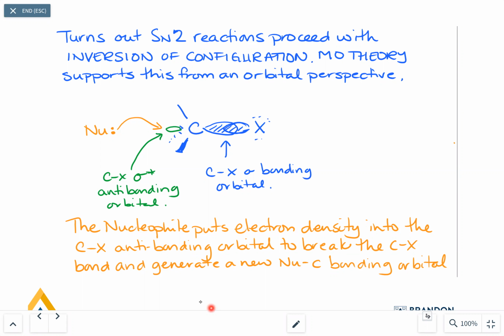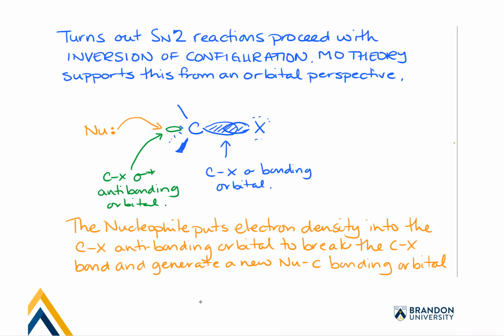I got a question in the chat. Is the antibonding orbital always on the opposite side of the atom bonded to the carbon? So for sigma bonds, yes. What we're dealing with here is an electrophilic carbon.